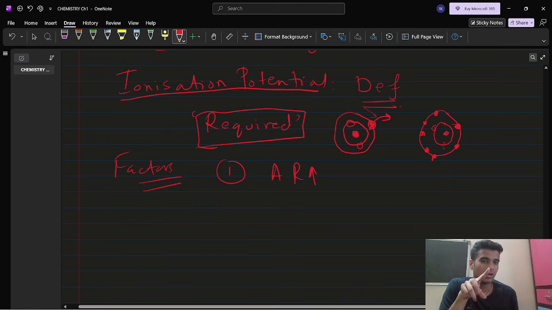Similarly, fluorine here can also either lose 7 electrons and become stable by duplet rule, or it can gain 1 electron. So इसको 7 इलेक्ट्रॉन अगर लूज करते हैं, it will require a lot of energy. That is what is ionization potential, energy required to remove an electron from an isolated gaseous atom. So this will have a very high IP.